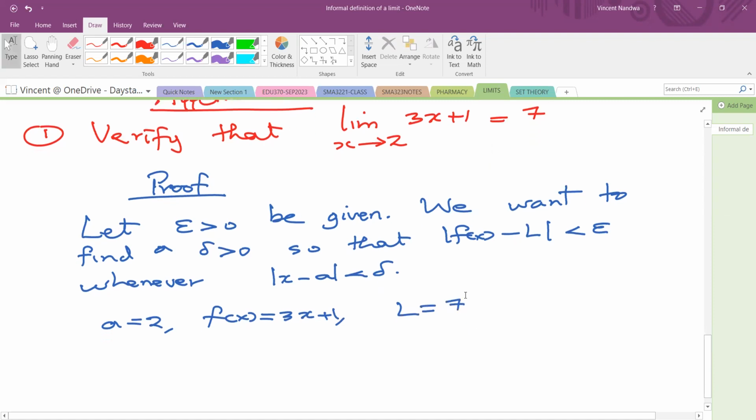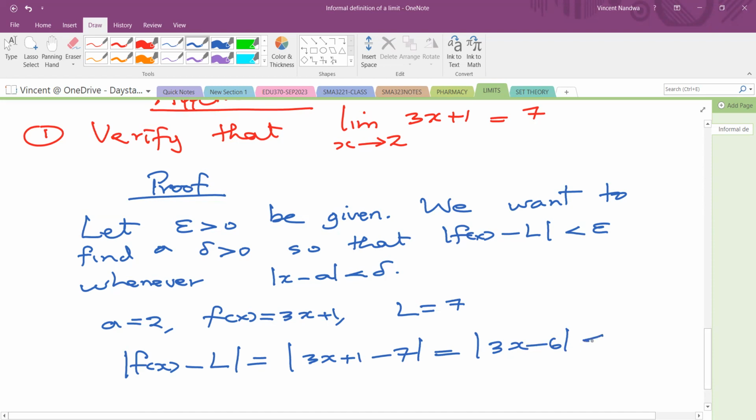So this means that the absolute value of f of x minus L, in this case, is the absolute value of 3x plus 1 minus 7, which is the same thing as the absolute value of 3x minus 6, since 1 minus 7 is minus 6.